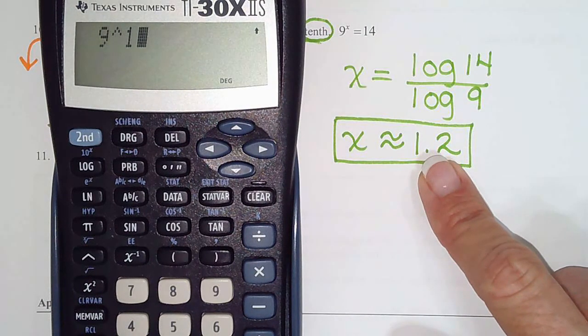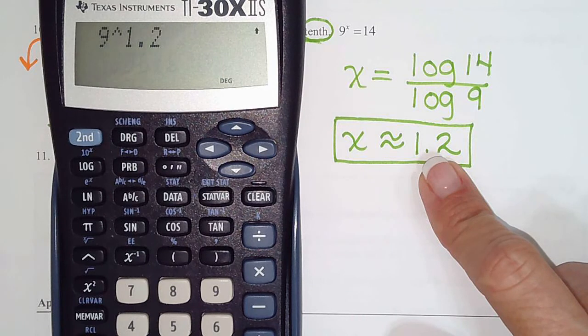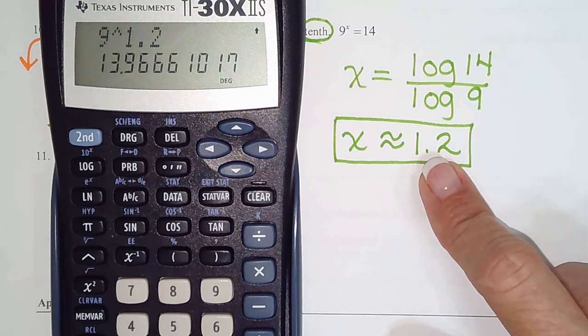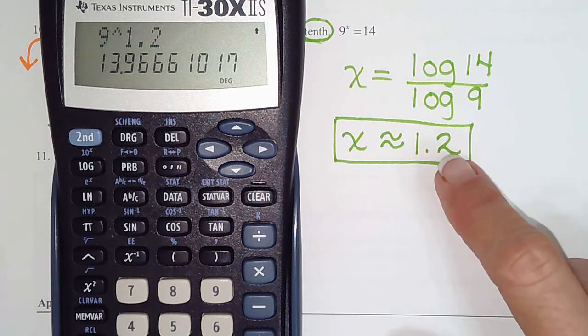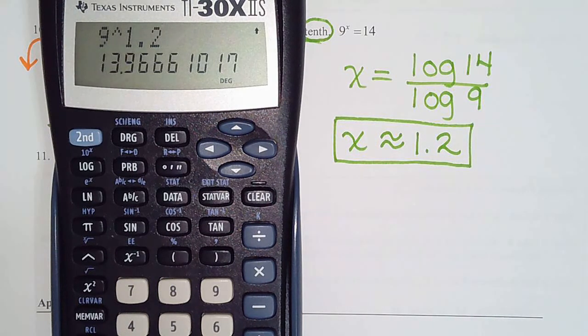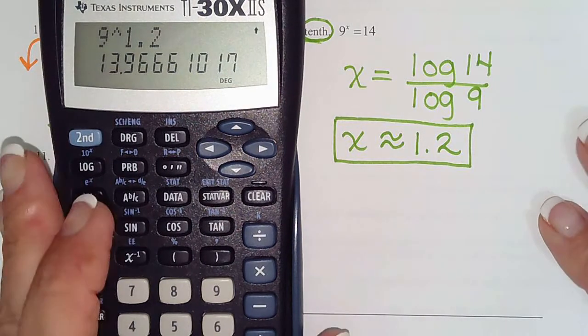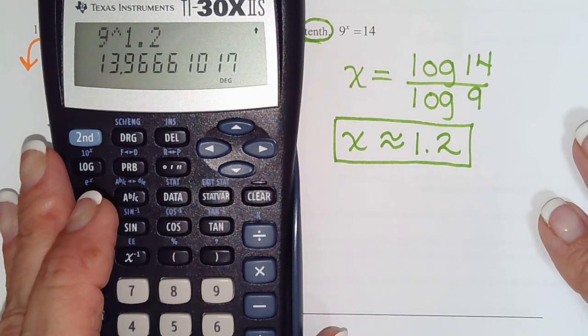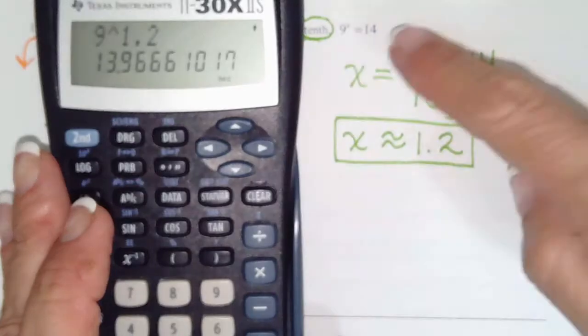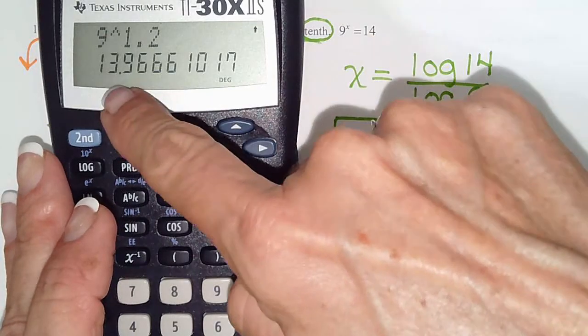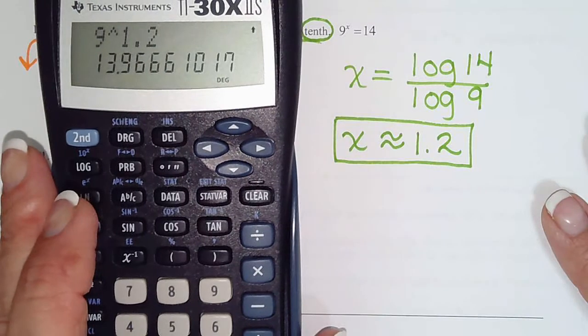So remember, it won't come out exactly 14, but it better be pretty darn close. 9 to the 1.2 is about 13.99, that would round to 14, right? So that tells me I'm probably on the right track because it's almost 14. So that's how you check them if they've been rounded. You just have to assume that this number has to be really close to that, and it is.